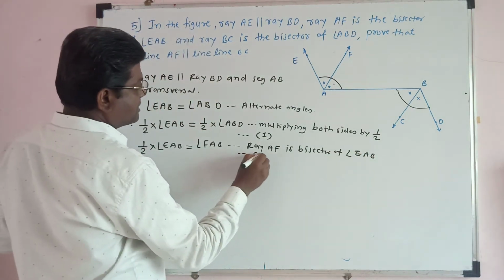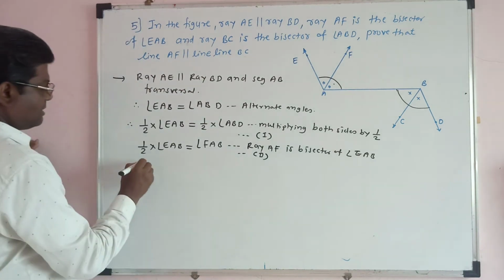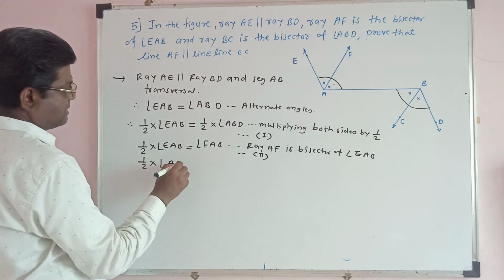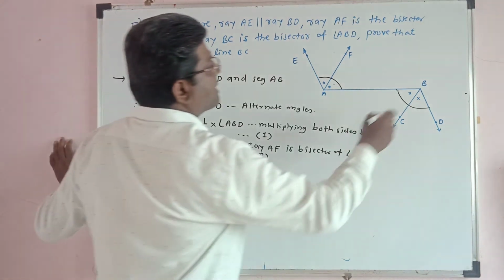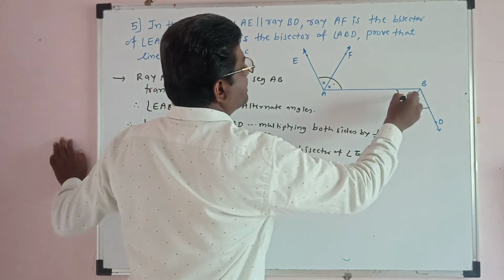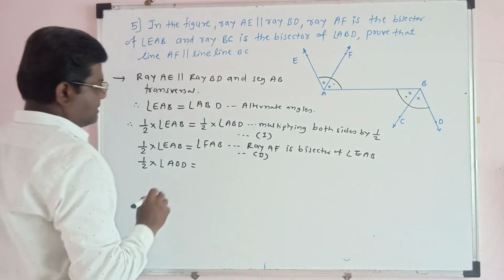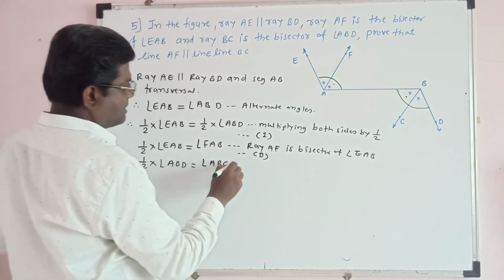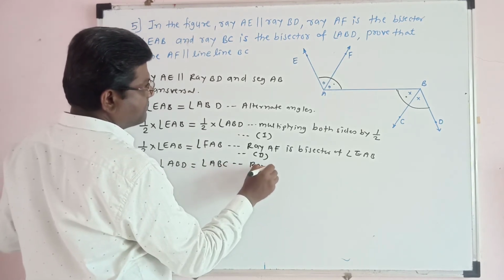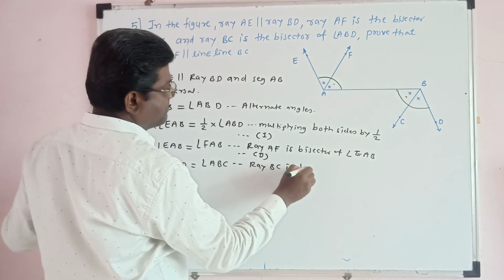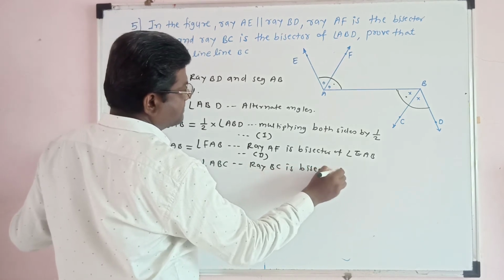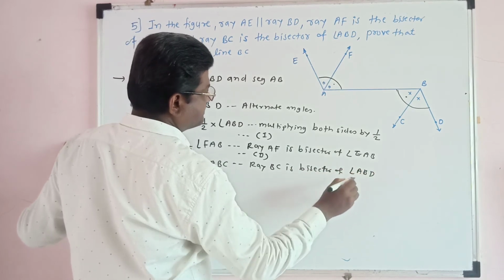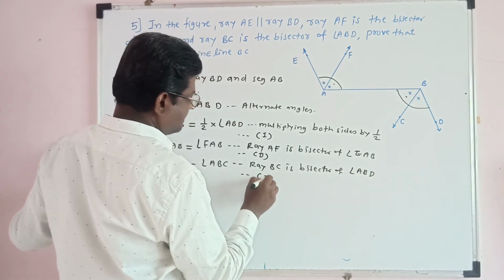This is equation number 2. Now 1/2 into angle ABD will be this angle is equal to angle ABC. Reason is ray BC is bisector of angle ABD. This is equation number 3.